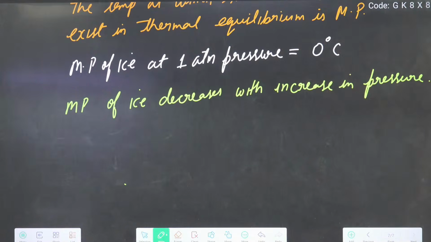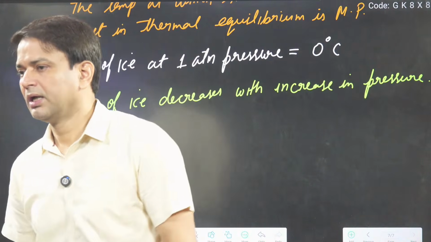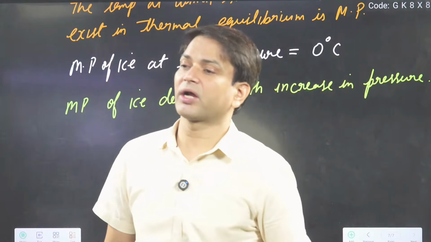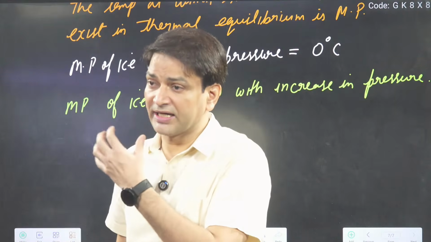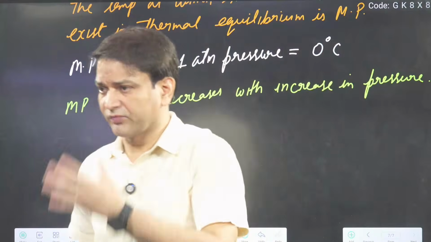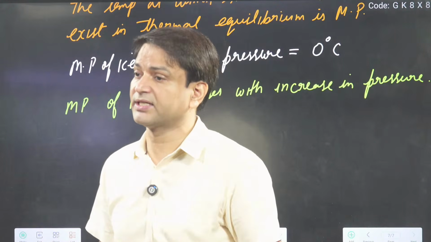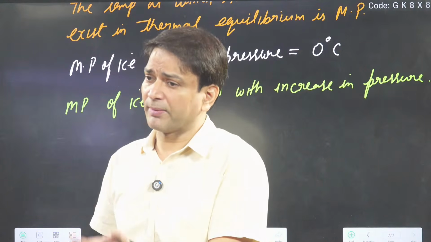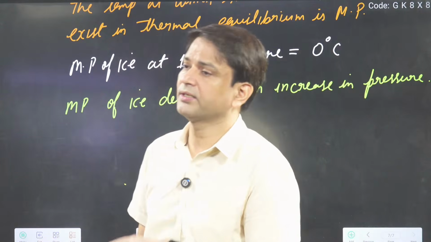Like suppose at 1 atmospheric pressure, ice will melt or water will freeze at 0 degree C. But when we increase the pressure, water will freeze or ice will melt at a negative temperature. So on increasing the pressure, melting point decreases. Decreases means it is 0 at 1 atm, now I am increasing the pressure, so it decreases, it will go to a negative value.